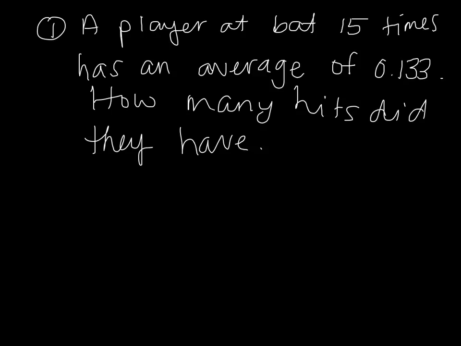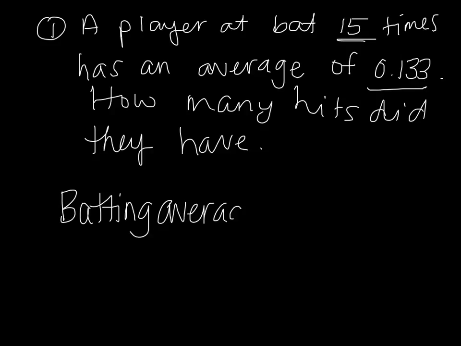So we have to figure out. This is kind of like the percentage that they hit correctly, and this is how many times they hit. So what we know is our batting average equals hits, how many times we hit the ball, divided by times at bat.